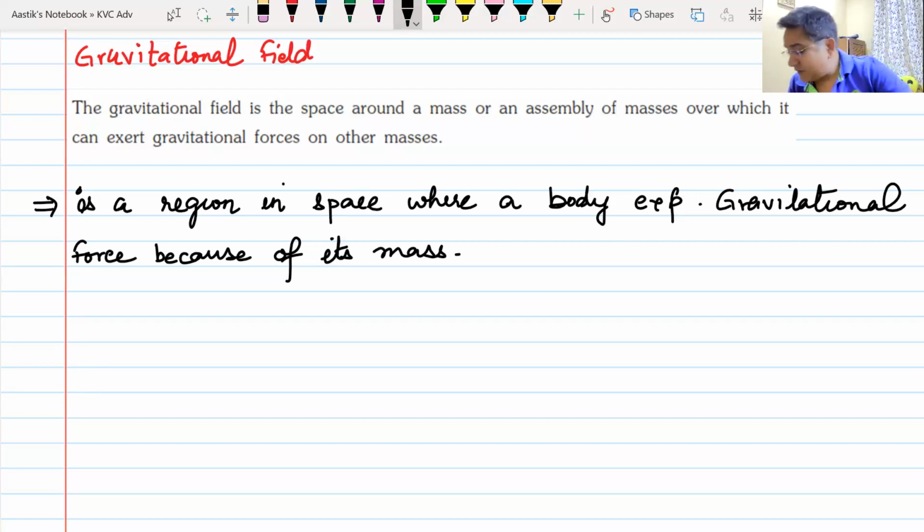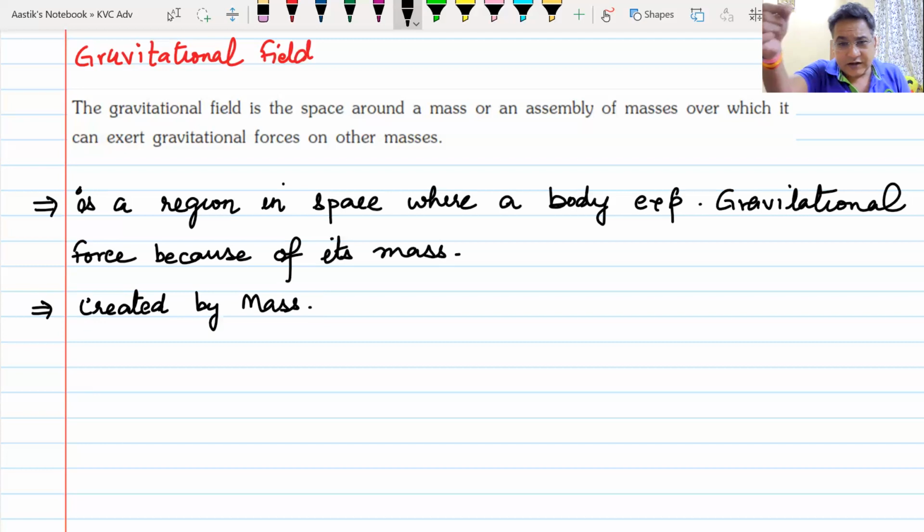So this gravitational field is created by what? Earth. This gravitational field is in fact created by a mass only. Somewhere around there is a mass which creates a gravitational field.